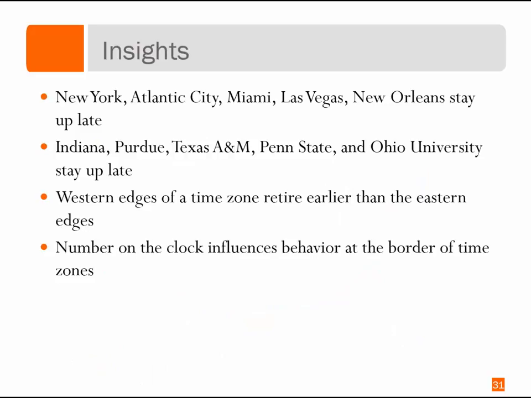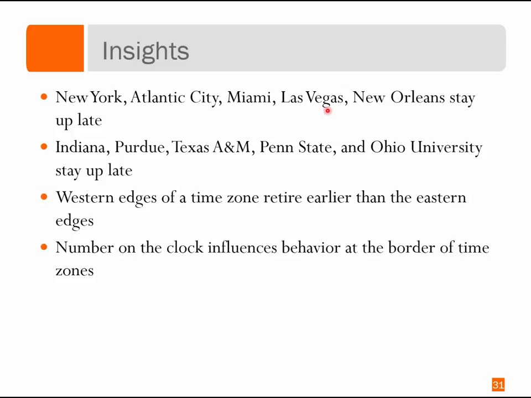So some of the things that we can see: cities like New York, Atlantic City, Miami, Las Vegas, and New Orleans stay up late. And this makes perfect sense, right? New York City is a city that never sleeps. Atlantic City is a big gambling hub. It's common for folks to stay up late into the evening in Miami.